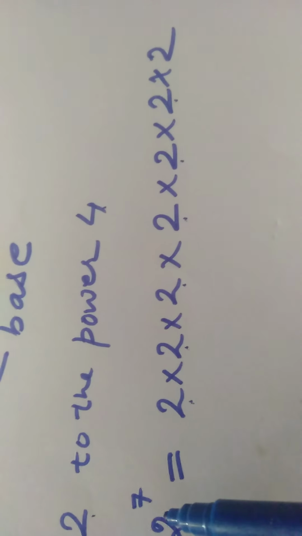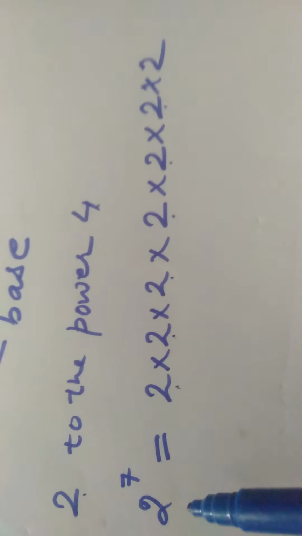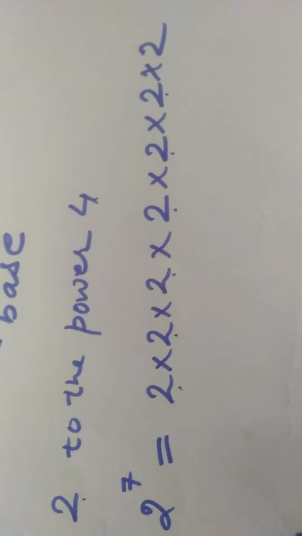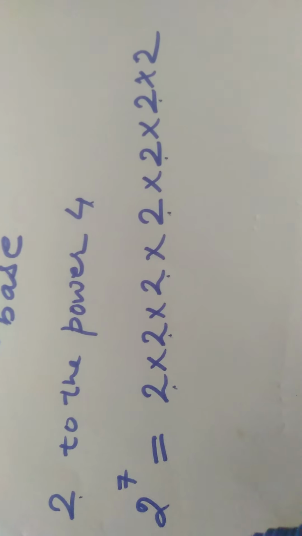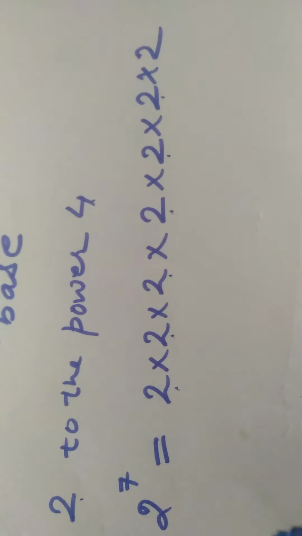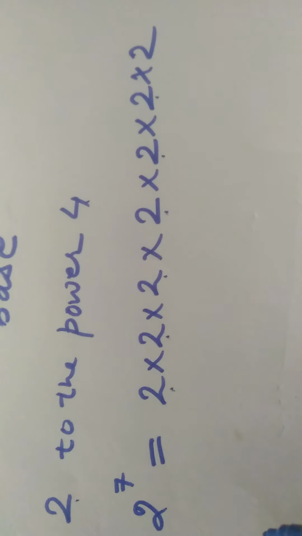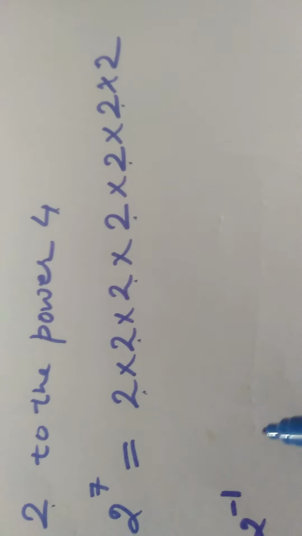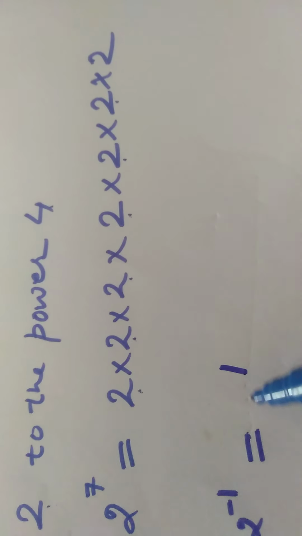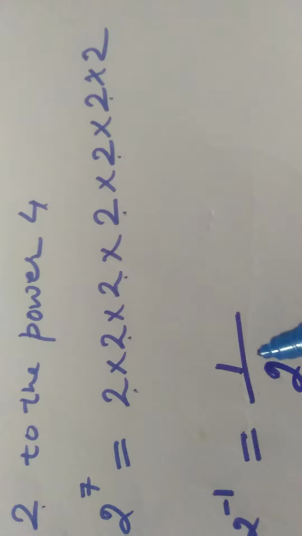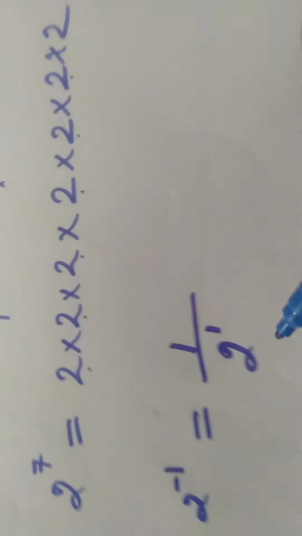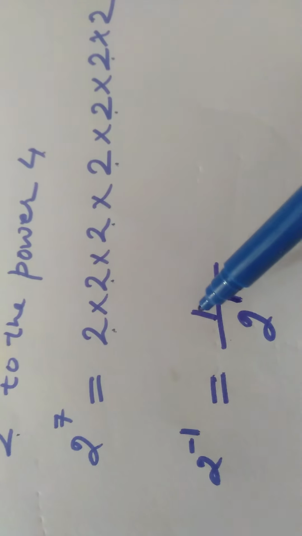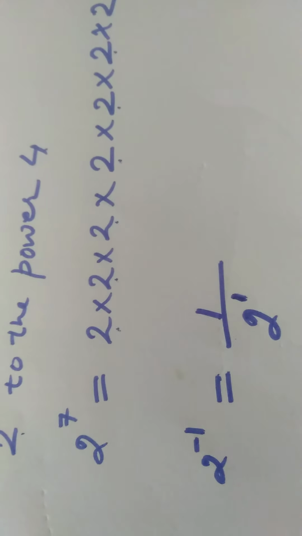Now you have read about integers also. Integers have positive numbers and negative numbers. If the power is negative, like 2 to the power minus 1, we write it as 1 upon 2 to the power 1, which is the reciprocal of 2.